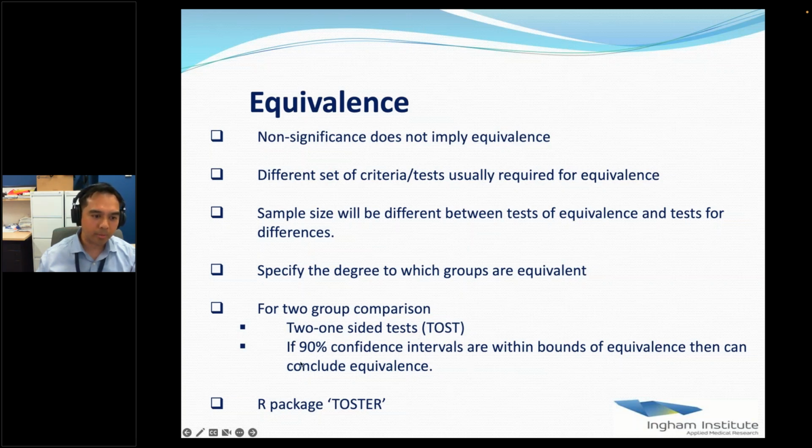What people advocate for is that you calculate a 90% confidence interval. And if that confidence interval stays within your bounds of equivalence, then you have statistical evidence that these two groups are in fact equal. One package available in R is called TOSTER if you wanted to have more of a read.